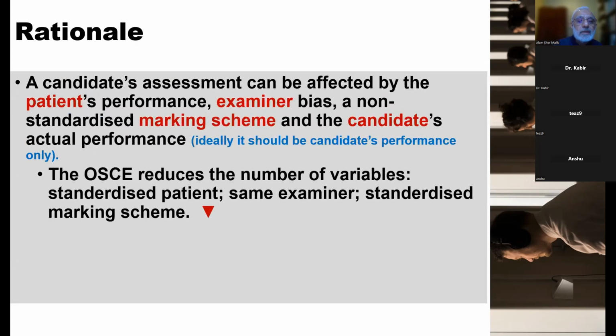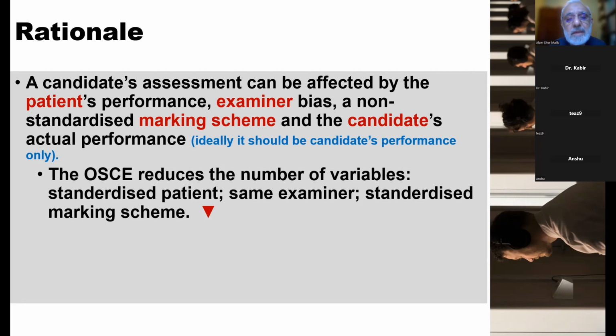So look at this. A candidate's assessment can be affected by four factors, right? In a clinical assessment, first, the patient's performance: how cooperative the patient is with the student. That's one factor.